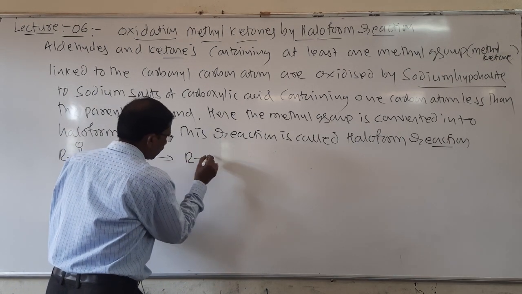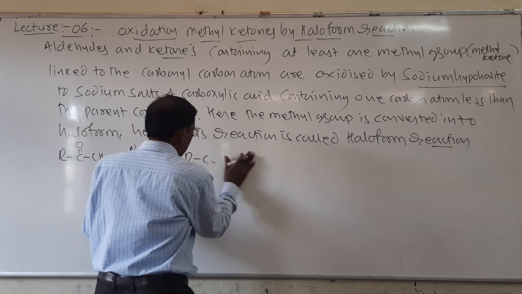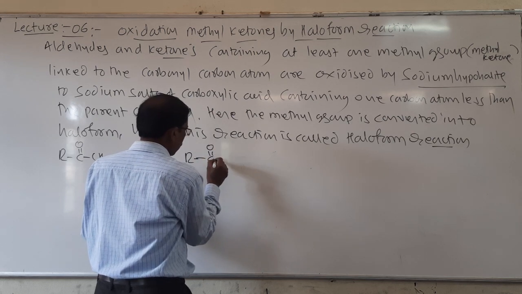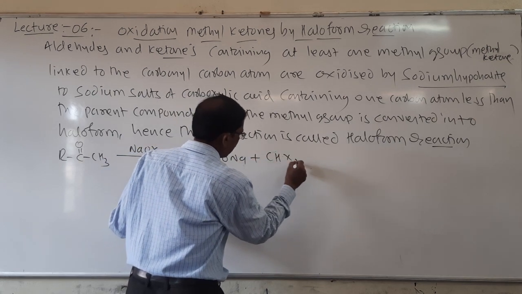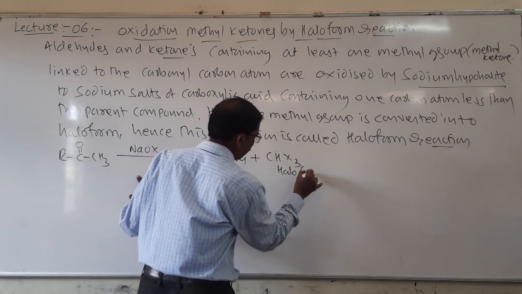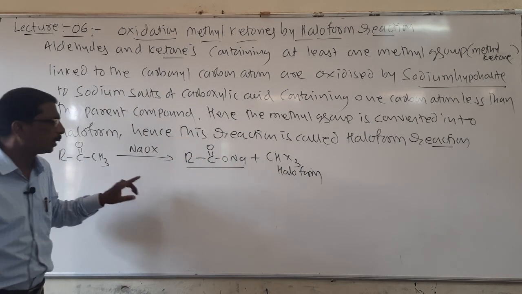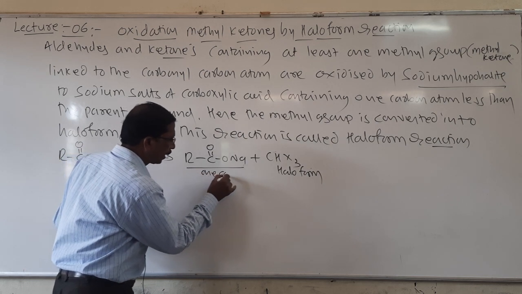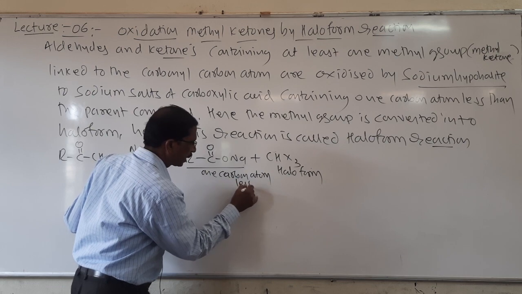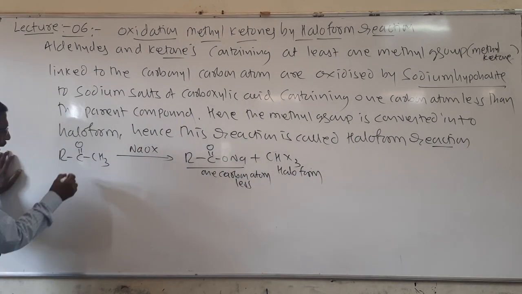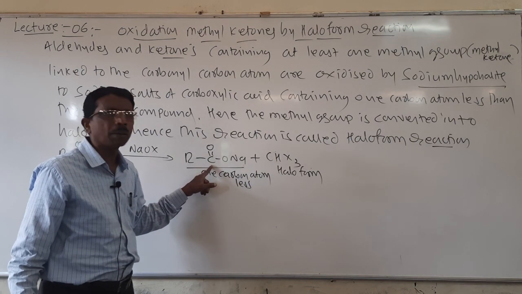It forms RCOONa plus CHX3, which is called haloform. It is the sodium salt of carboxylic acid, which contains one carbon atom less. Look here students, here it has 1, 2, 3, and the product has only 2, that is one carbon atom less.